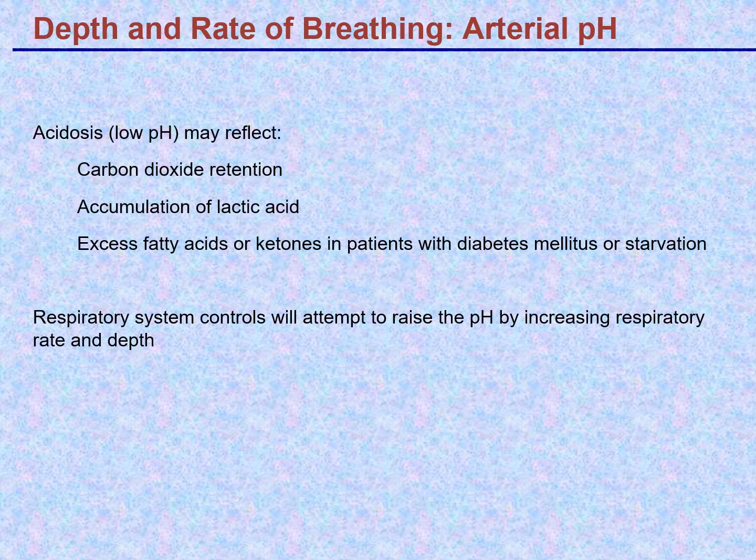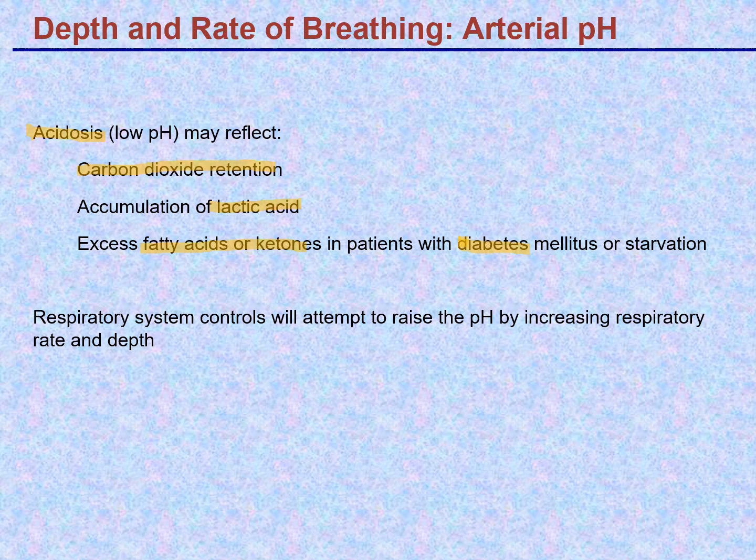Okay, this is the last slide of Unit 1, Part 2. In a situation where the pH is low in the body, that's called acidosis, and it may be due to carbon dioxide retention, but it can also occur due to an accumulation of lactic acid or excess fatty acids and ketones in individuals with uncontrolled diabetes.